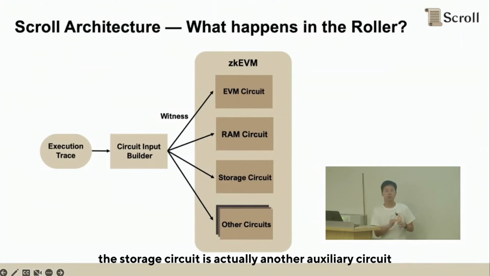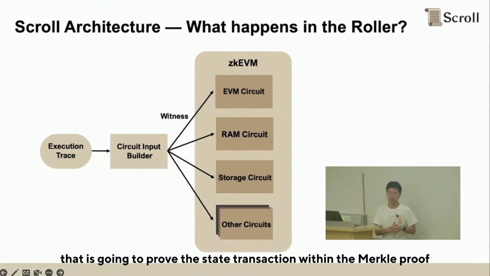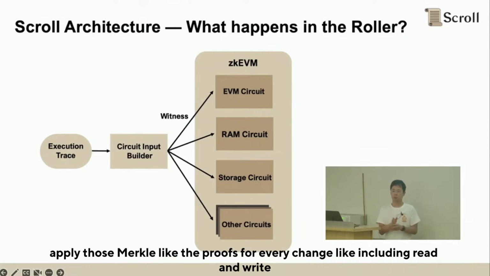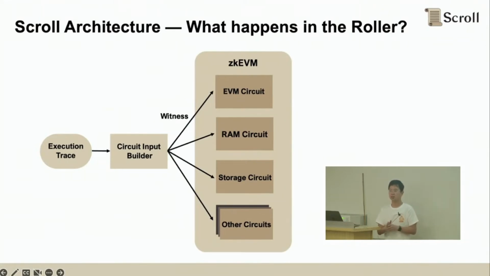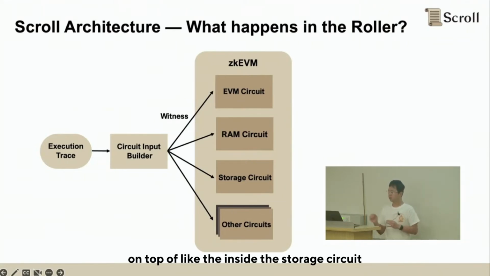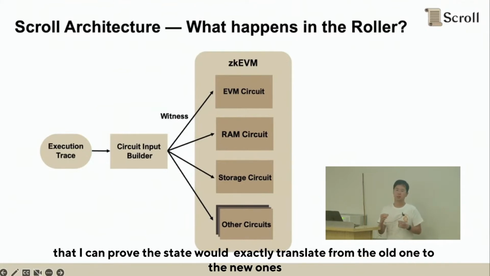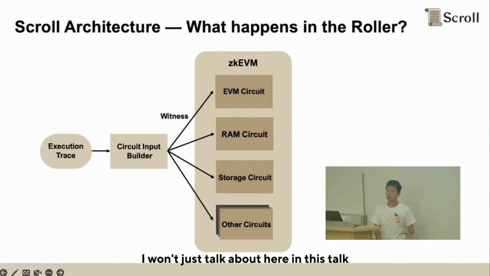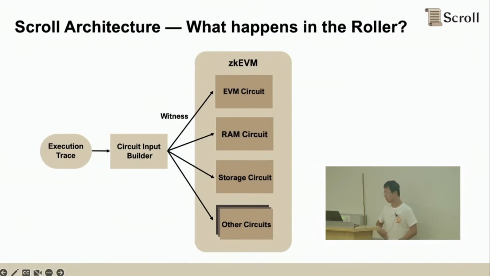And then the storage circuit is another auxiliary circuit that's going to prove the state transition using the Merkle proofs we talked about in the execution trace. It applies those Merkle proofs for every change, including reads and writes, inside the storage circuit, which can prove the state root has transitioned from the old one to the new one. And there are also a few other auxiliary circuits I won't talk about in this talk.